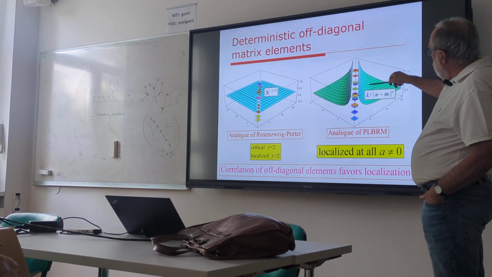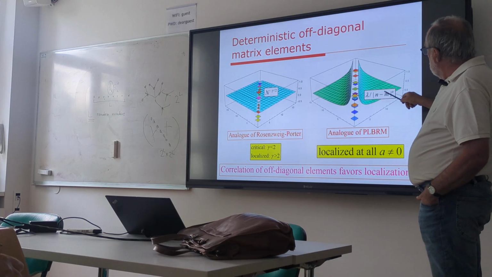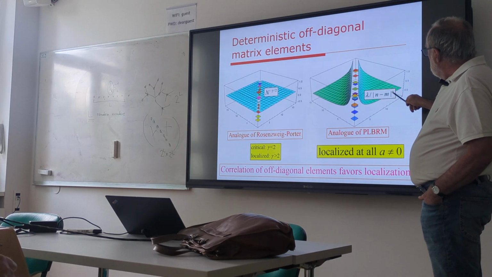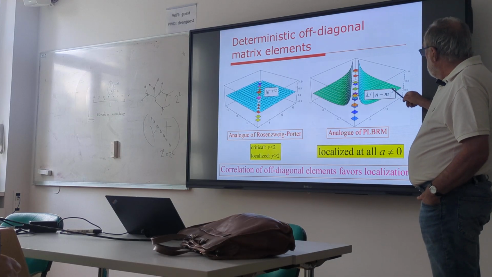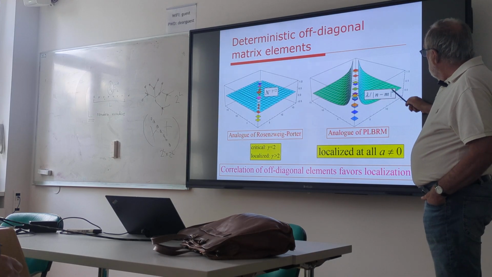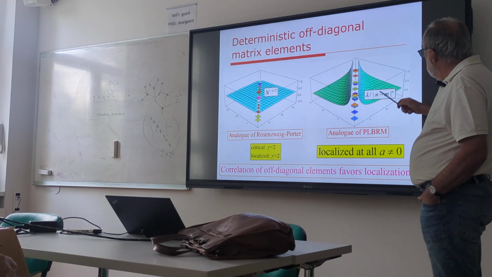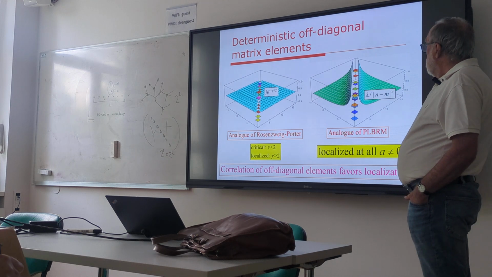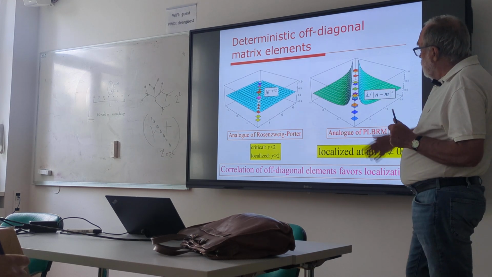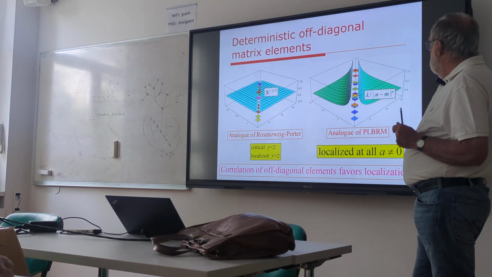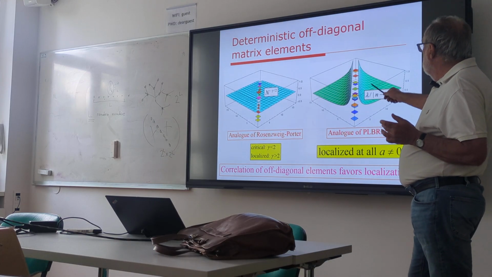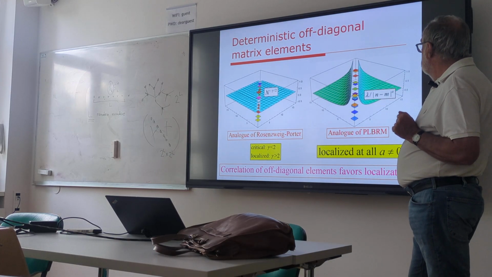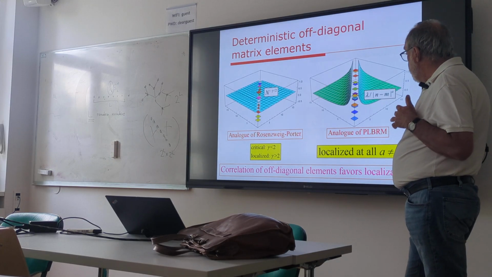So when they fluctuated, the variance was n minus m to the power 2 alpha, because it was variance. If I take a square root, then I will have n minus m to the alpha. So this is a relative of power law random matrices, but with totally correlated off-diagonal matrix elements of the same size.